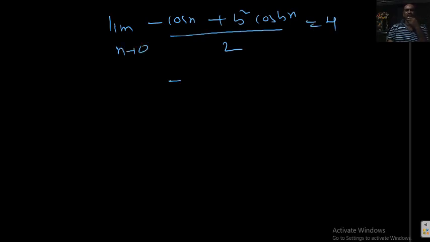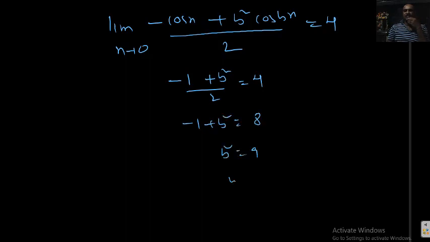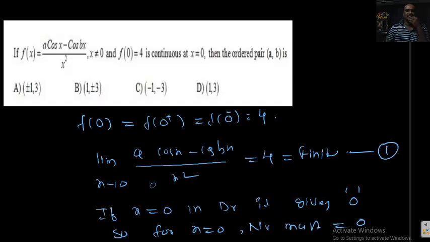Now substituting, (minus 1 plus b square) by 2 should be 4, or minus 1 plus b square equal to 8, or b square equal to 9, or b equal to plus or minus 3. Therefore a equal to 1 and b equal to plus or minus 3. This is the answer for this.